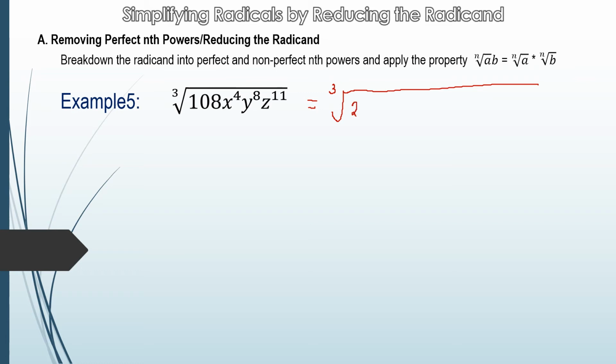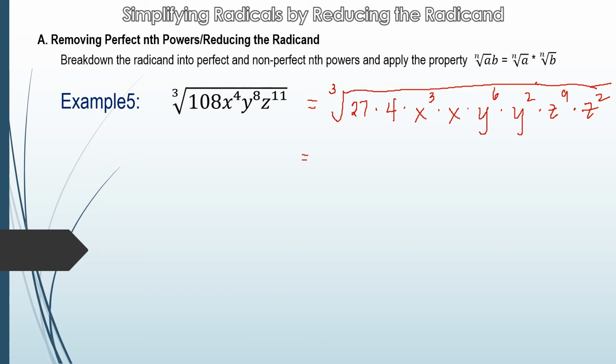So we have 27 times 4, since 27 is a perfect cube. And then for x to the 4th power, we write x cubed times x. For y to the 8th power, we have y raised to the 6th power times y raised to the 2nd power. And then for z to the 11th power, that will be z raised to the 9th power times z raised to the 2nd power.